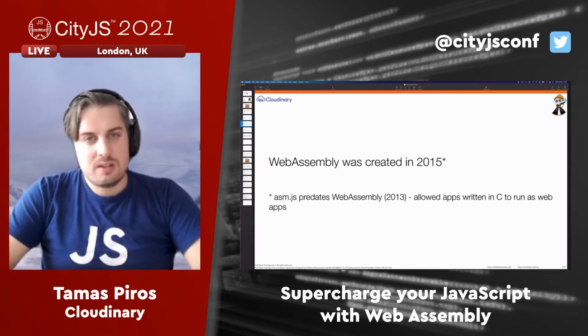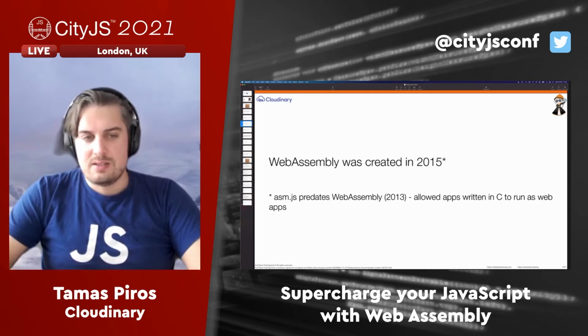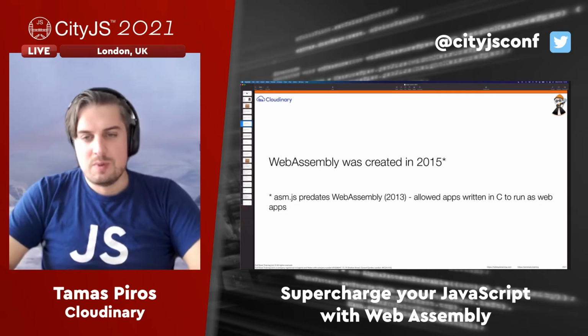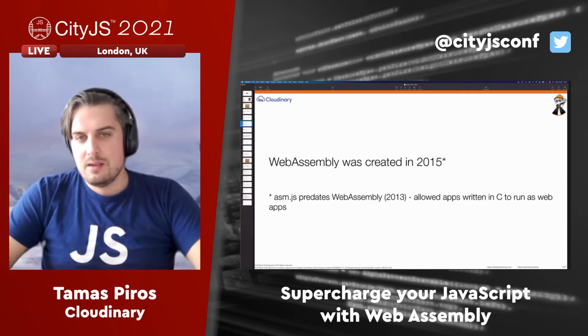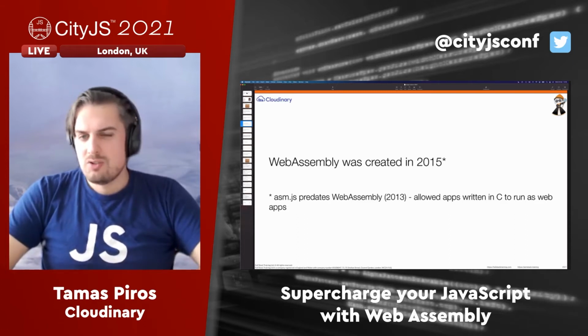So WebAssembly was created in 2015. And I have this little asterisk on the slide here because there was another thing which predates WebAssembly by 2 years. In 2013, I think it was created by some researchers at Mozilla, they created ASM.js, which basically allowed you to take an application written in C and then run it as a web application, which is really the whole idea of what WebAssembly is trying to do.